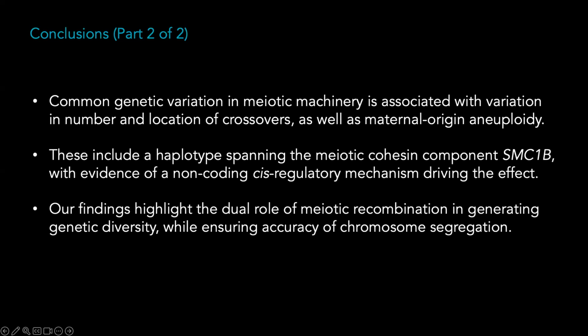It has this dual role of generating genetic diversity, creating new allelic combinations, but the crossovers involved in recombination are also important for ensuring the accuracy of chromosome segregation. And so that's imposing some interesting trade-offs and potentially contributing to the fidelity of meiosis in the first place.